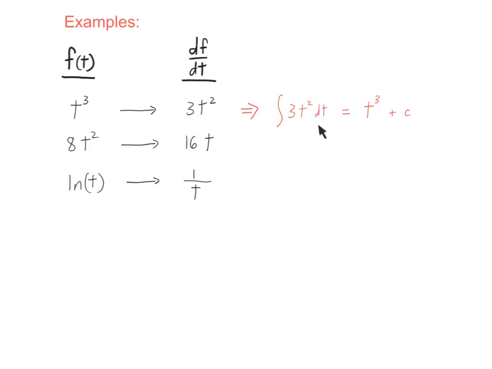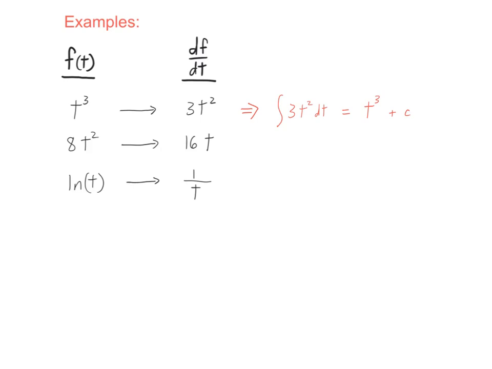And when we do that, the result is t cubed. In other words, as claimed, when we integrate this function, we get back the original. Plus c, which represents some arbitrary constant. In fact, you don't quite get back the original. You get the original back plus some arbitrary constant.